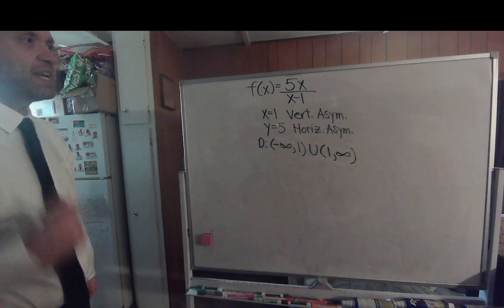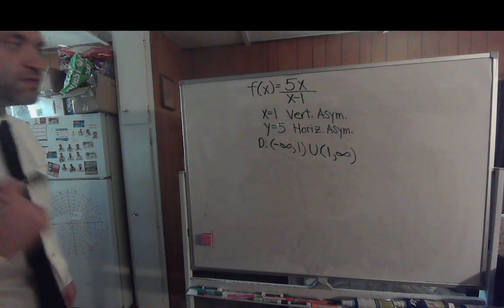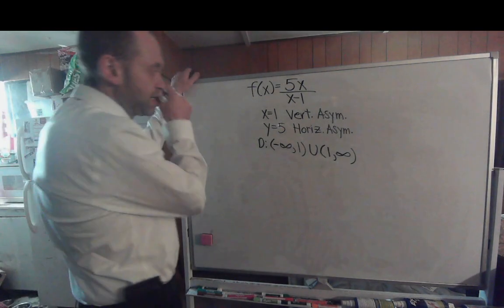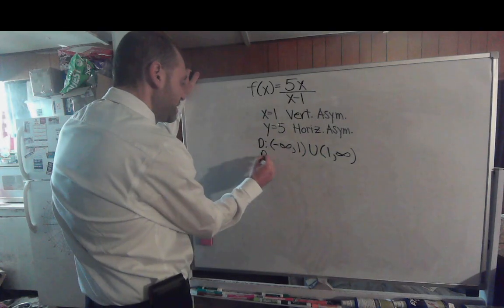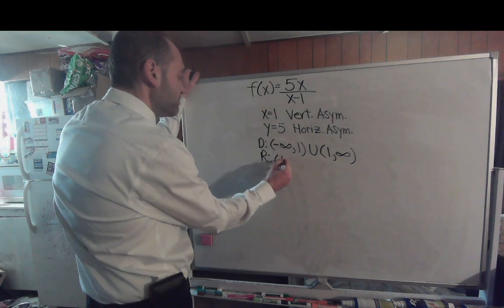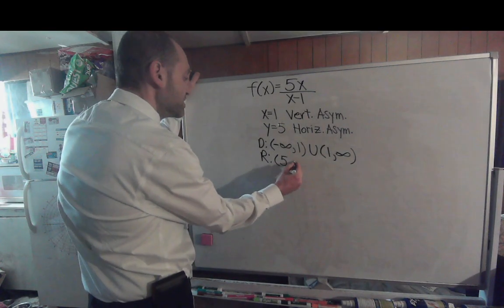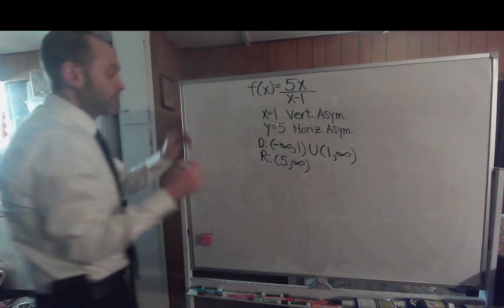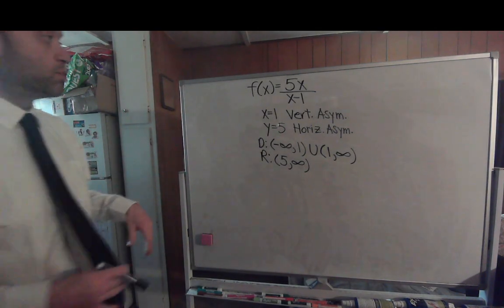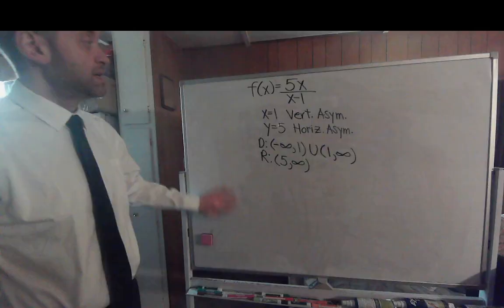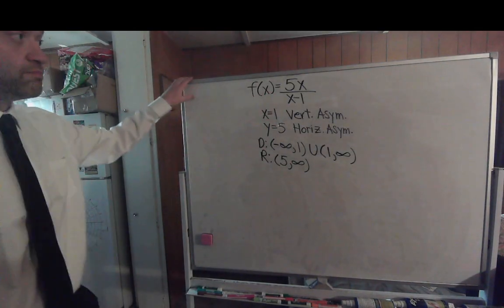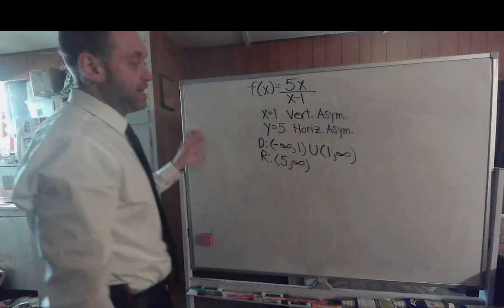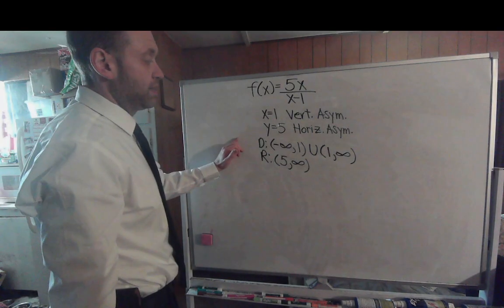So you'll get infinitely closer and closer to 5 without actually reaching it. So your range in this case is going to be from 5, non-inclusive, to infinity. You will not end up getting any negative values, truly.